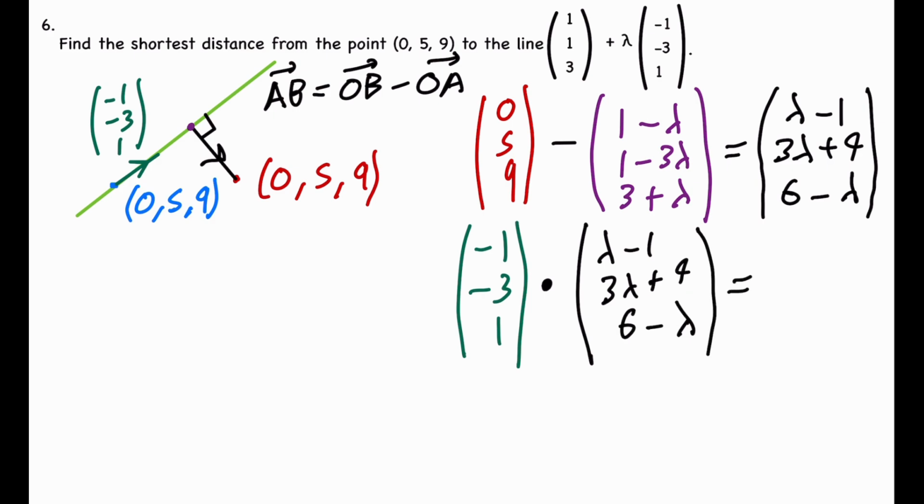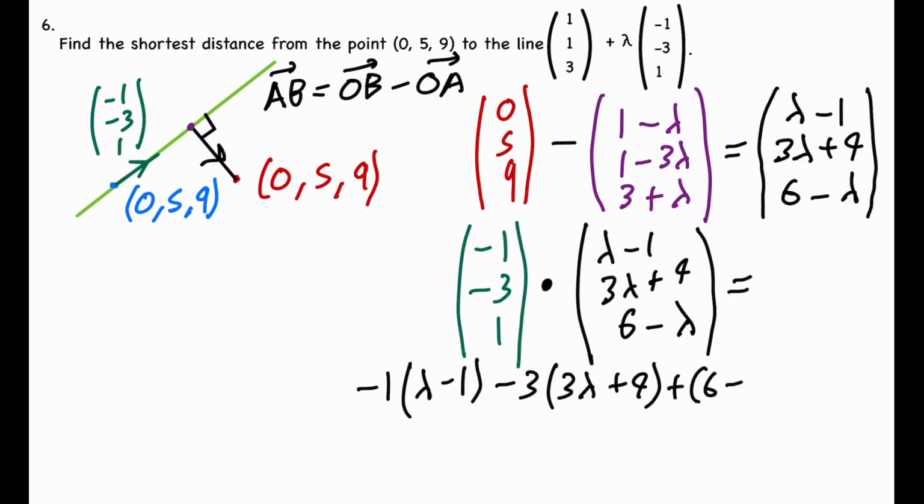We are going to get -1(lambda minus 1), minus 3(3 lambda plus 4), plus (6 minus lambda) is equal to 0, because the dot product is equal to 0. Now all we can do is solve for lambda, and then substitute into the magnitude to find the shortest distance. So let's expand this out.